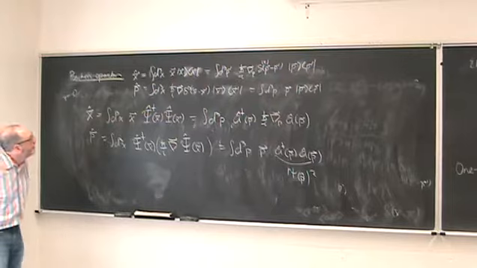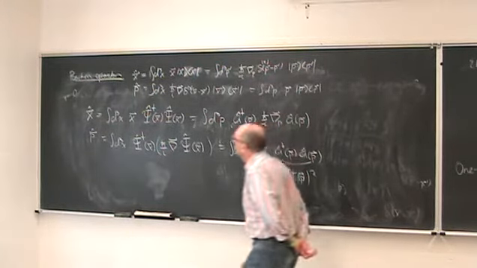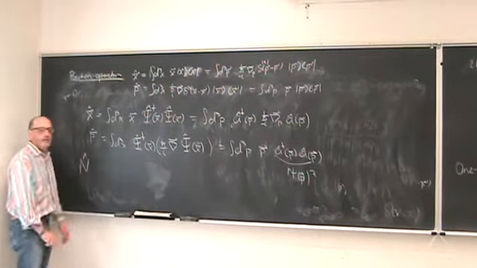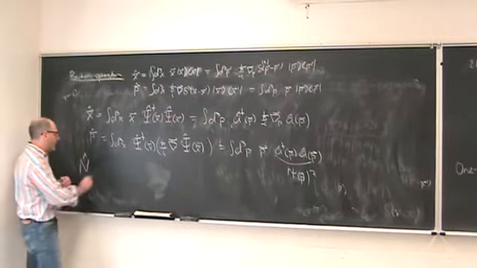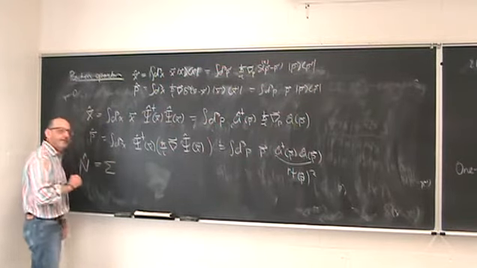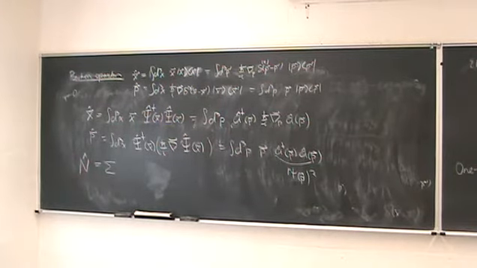What about the number operator? Well, the number operator is, in some sense, the second quantized version of the resolution of the identity. Let's see why that's true.